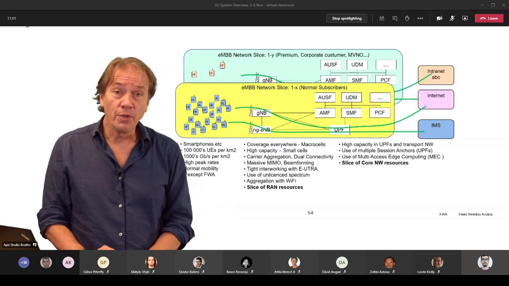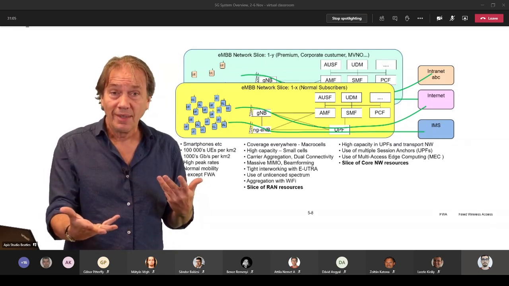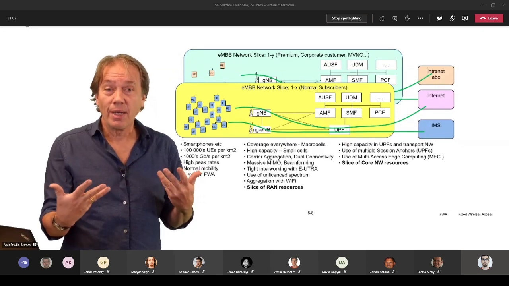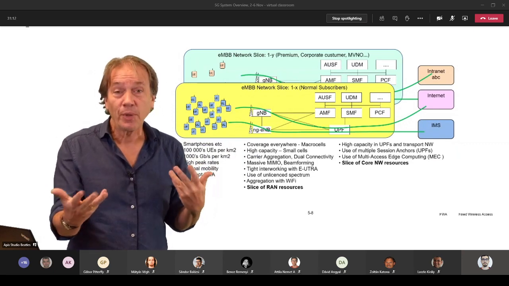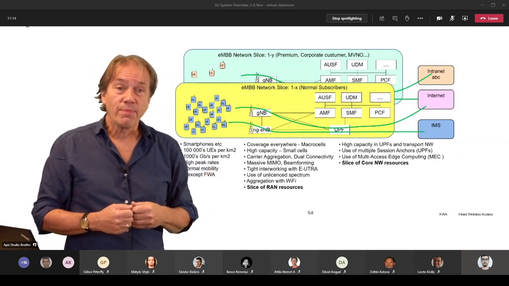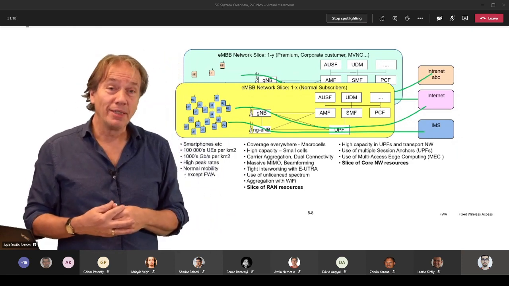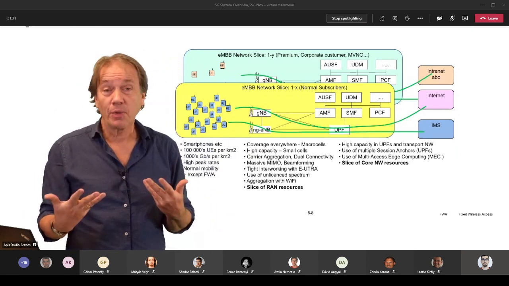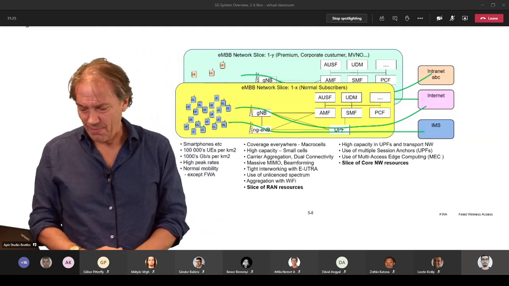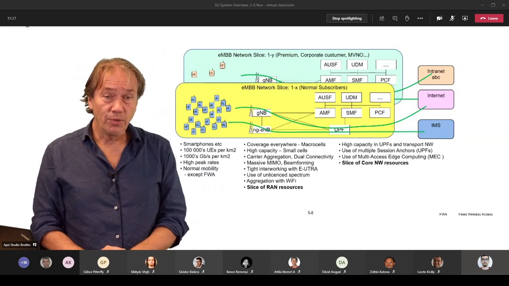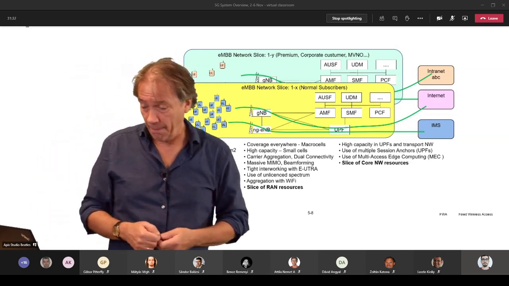I've also heard other people say that there will be thousands of network slices in a network. Every time a new corporate customer is onboarded, a new slice will be created. I think we don't really know how many slices there will be in a typical network, or at least I don't know. I'm still a bit confused about whether there will just be a few slices, or hundreds or thousands of slices. Maybe it's too early to say.